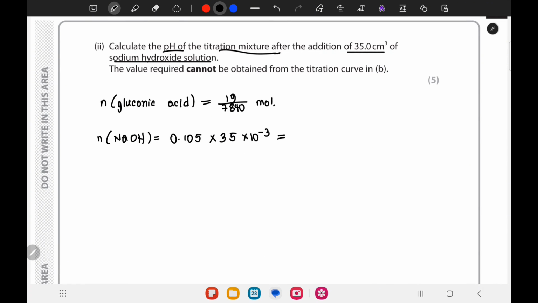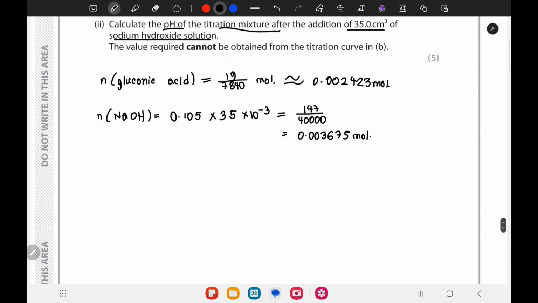This comes out to be 147 by 40,000, which is the same as 0.00365 moles, and this is approximately equal to 2.4234 or 35 into 10 to the power minus 3, so 0.002423 moles.